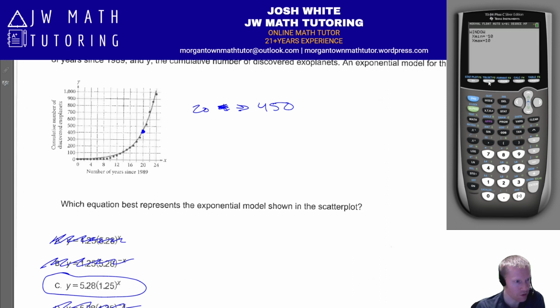So I'm going to adjust my window values to get the same window that we have on the graph here. Okay, now I'll redraw the graph.